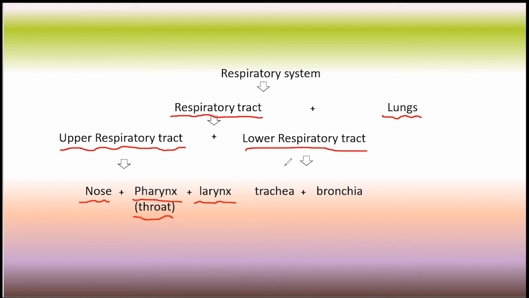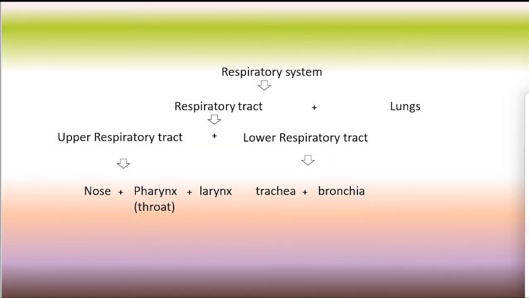The lower respiration tract mainly includes the trachea and the bronchiole. So that's what we say respiration systems, all included in there. That's the general information about respiration system.